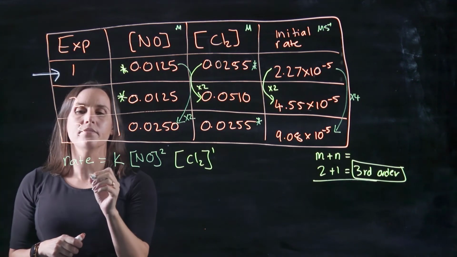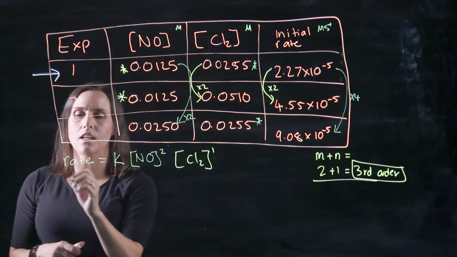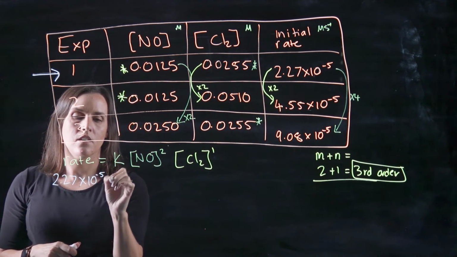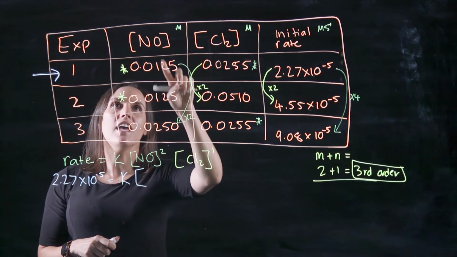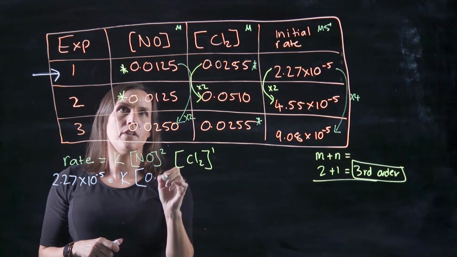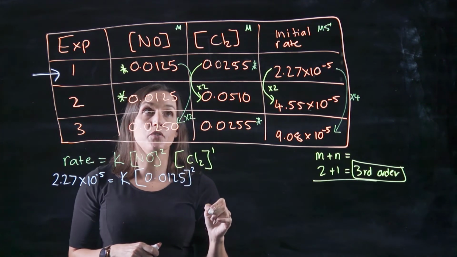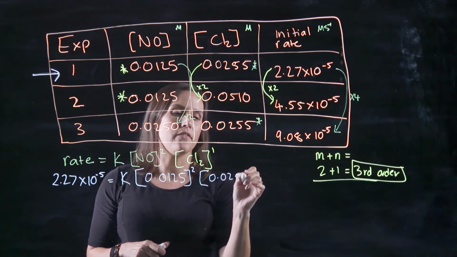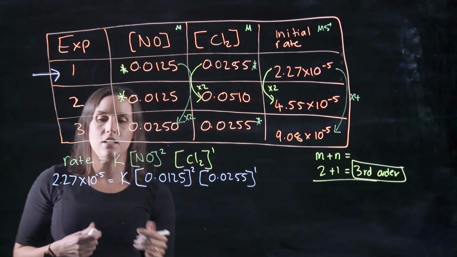The rate is 2.27 by 10 to the negative 5. K is what we're trying to find out. NO would be 0.0125 to the power of 2. And Cl2 is 0.0255 to the power of 1. Then you can put it into your calculator.